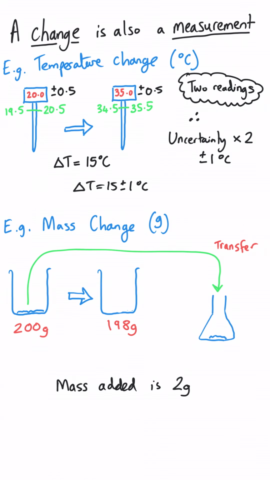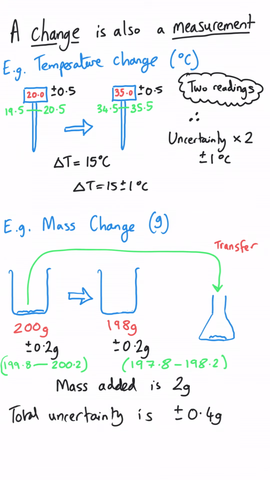And then in the same way, if the uncertainty with the 200 gram mass is plus or minus 0.2 grams, for instance, there will also be the same uncertainty in the 198 gram measurement. And so overall, we have to double that uncertainty because we could be as much as 0.4 out if each one of them is too high, or if one of them's too high and the other one is too low, in fact, then that means that our measurement could be anything between 1.6 grams and 2.4 grams.